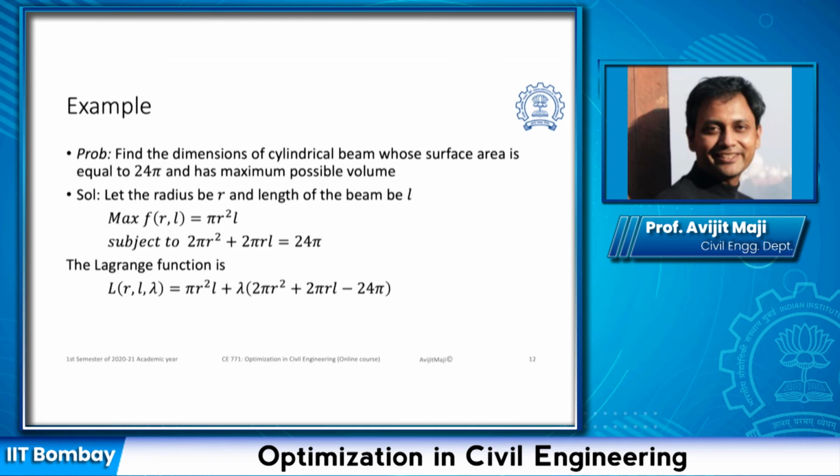Let us first assume that the radius of this cylinder is r and the length of the beam is L. So we need to maximize the volume, which can be represented as the maximum of a function of r and L, which are the design variables, and the equation is pi r square L. So it's a cylinder of length L and radius r.